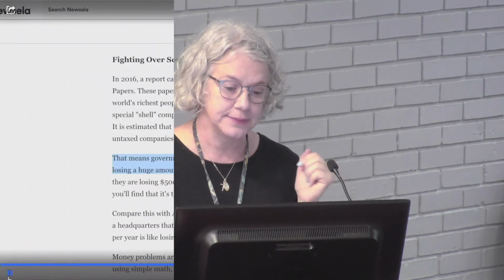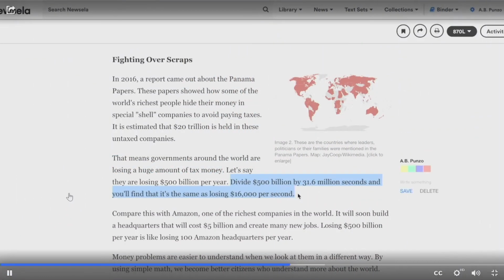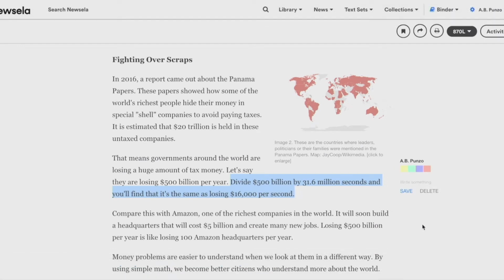And then she goes on to conclude that hiding that money means that governments around the world are losing this big bunch of tax money. Again, so here's the central idea, and all of these facts are the important parts that support it, that prove it. $16,000 per second. It's easier to consider how much that really is when we make the math a little bit simpler.